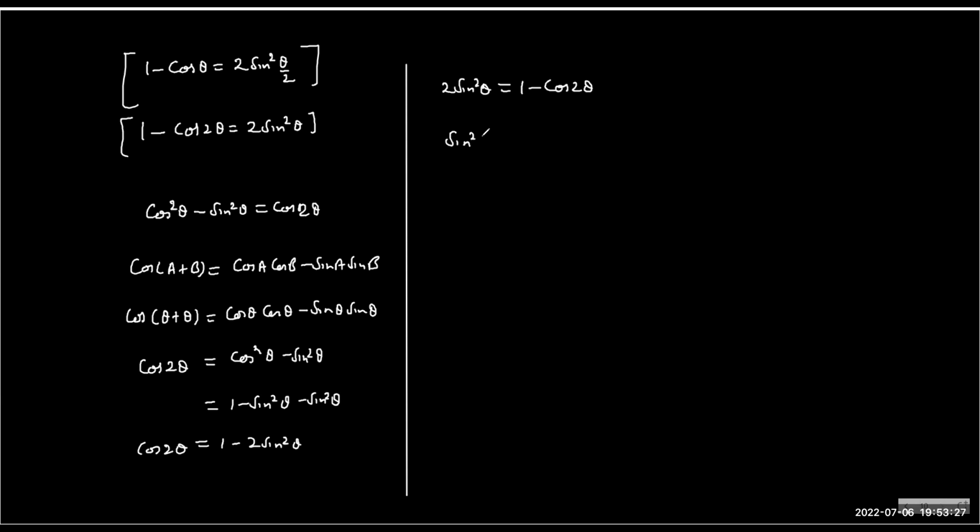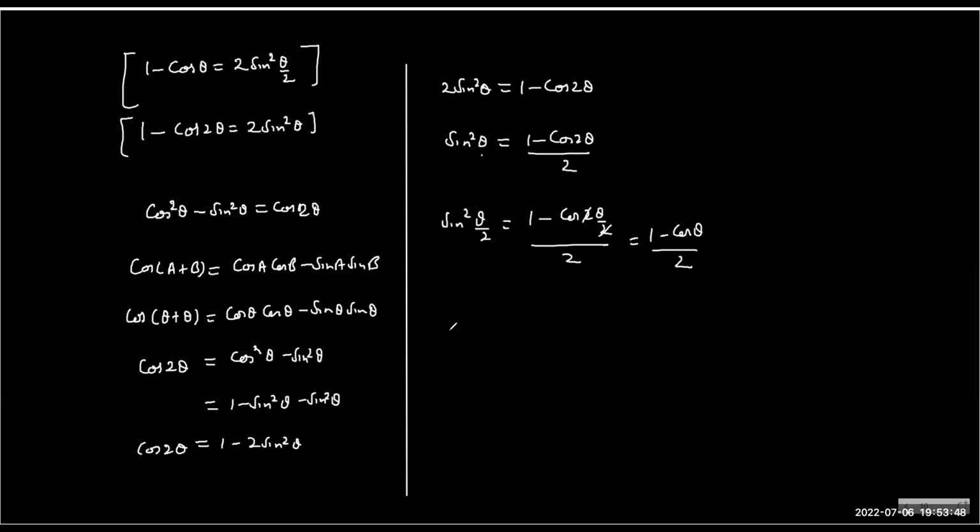So sine square theta is basically this. If I put theta by 2, understood?